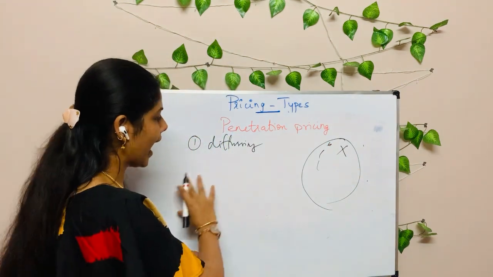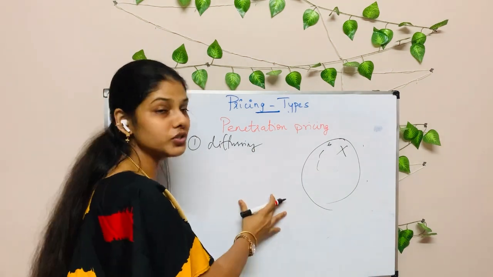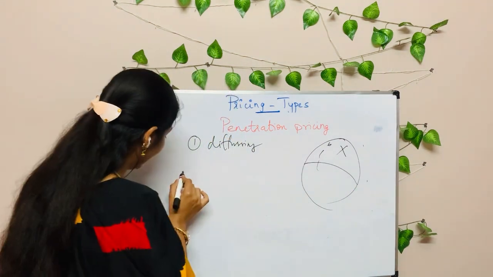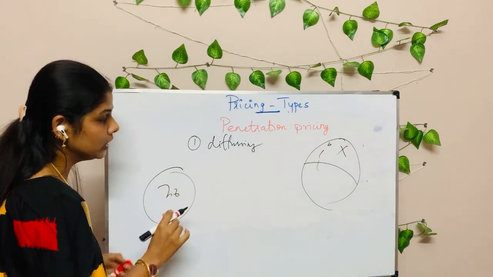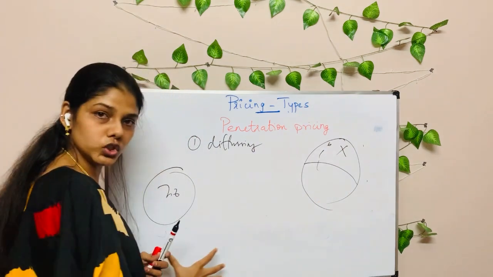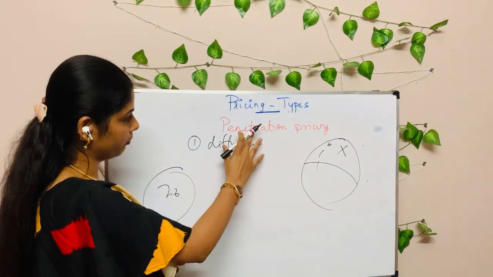When Jio entered the market, it started diffusing people. Half of the people in this circle came to this circle, which is Jio. The high concentration area has now been diffused, scattered. So this is the very first advantage of penetration pricing.